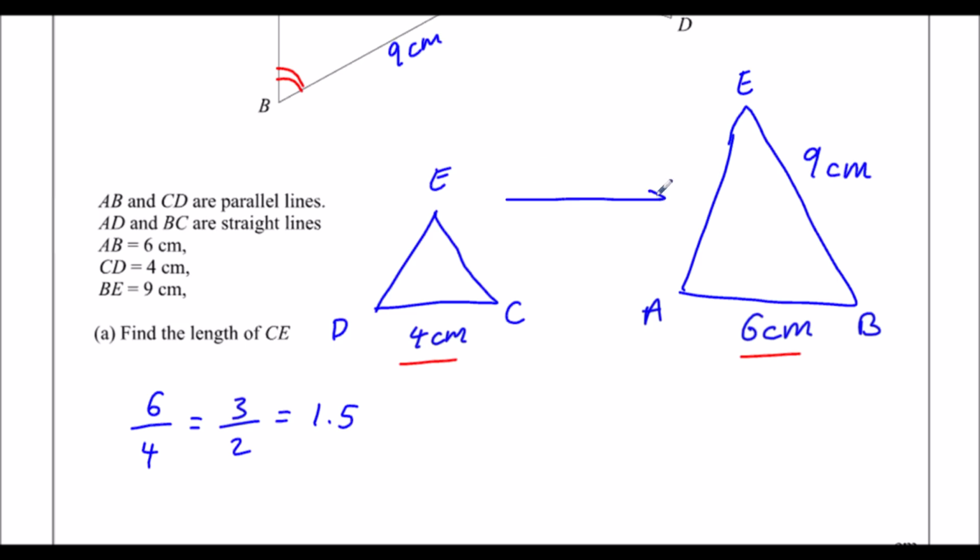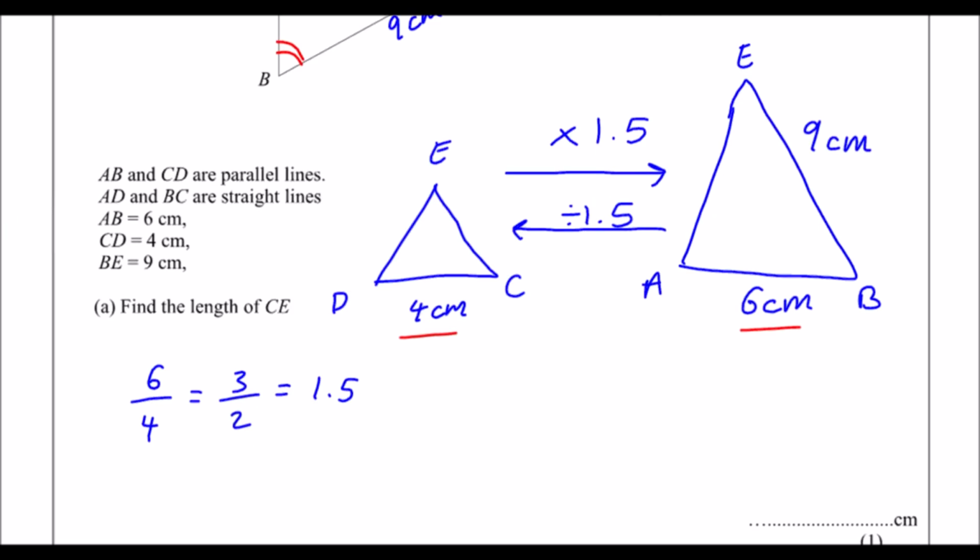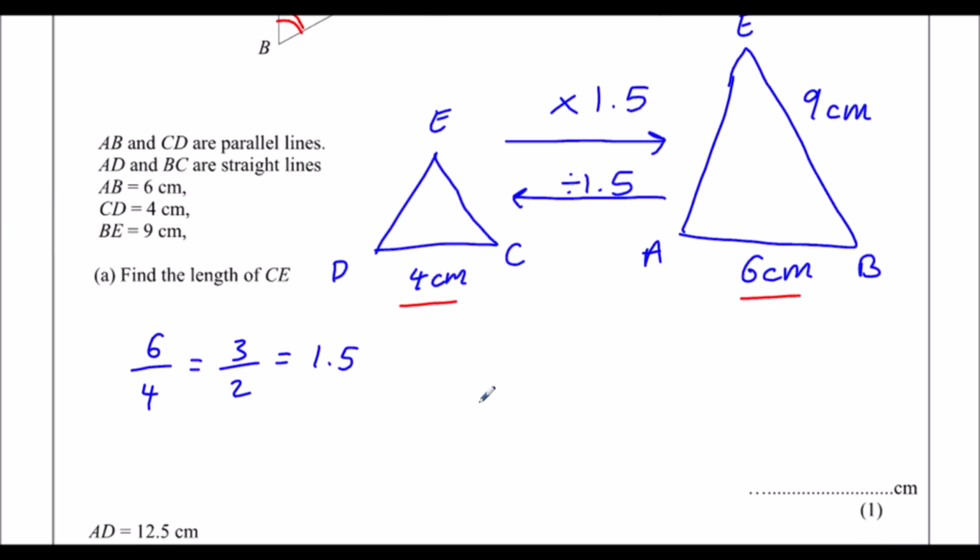So to get from small shape to big shape, we times by 1.5. To go back the other way, divide by 1.5. So the length of CE, we're going back, 9 divided by 1.5. How many 1.5s make 9? 6.